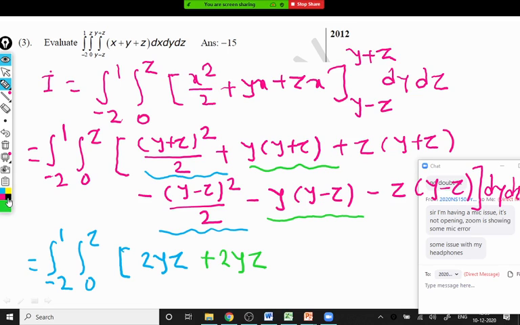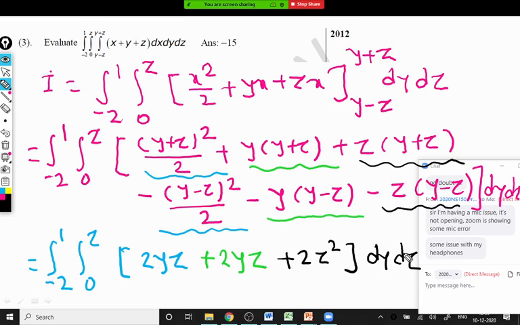And the last one, if you similarly simplify these, 2z square. Yes, 2z square, correct. You can do this simplification in rough also, seeing which terms get cancelled, and then write this part. You will observe these are the remaining terms, and now what is left is to integrate this with y and then with z.